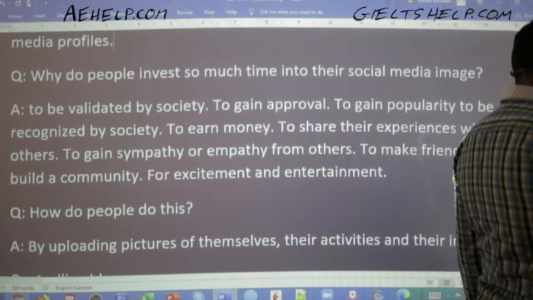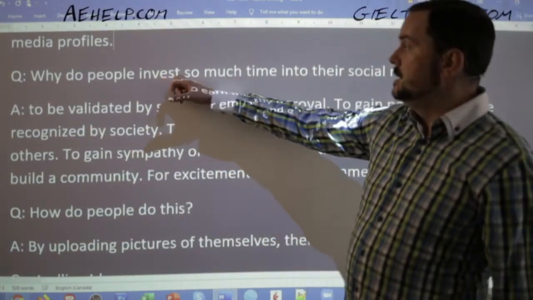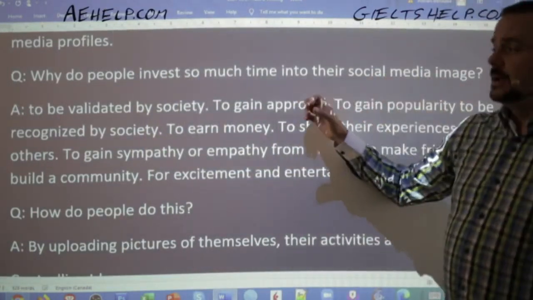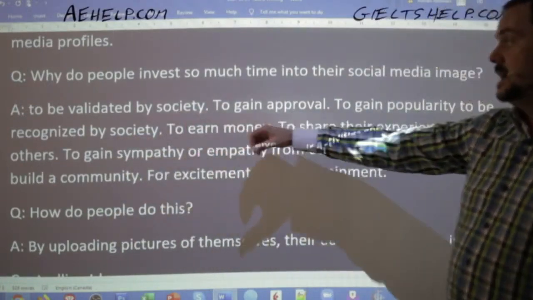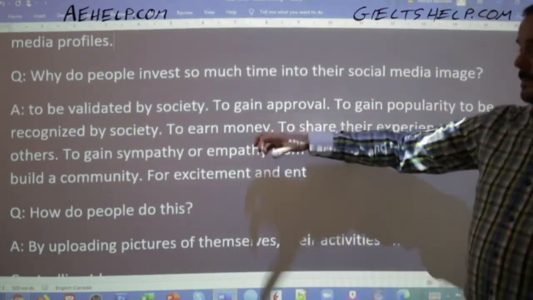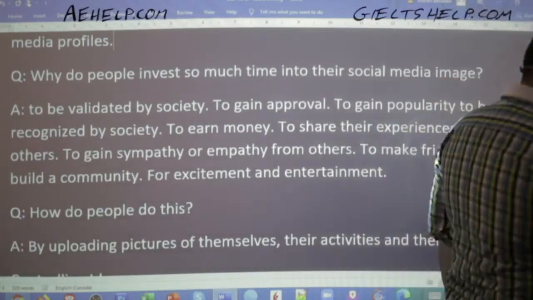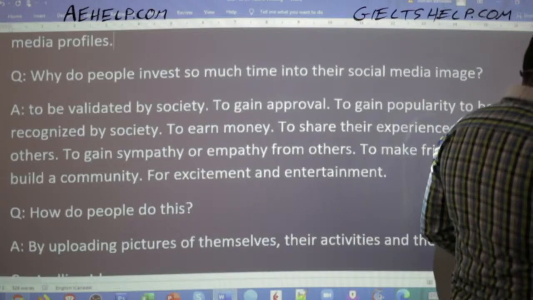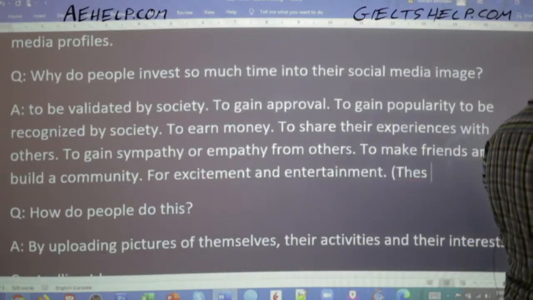Another point that I recognized here, when we have why do people invest so much time in their social media image, and we gave all of these good ideas to be validated by society, to get approval, to gain popularity, to earn money. There is an important point that you should have realized here with me, is that these points can be connected.